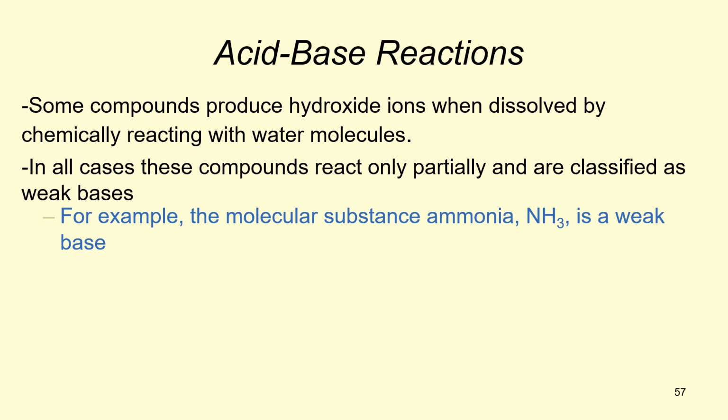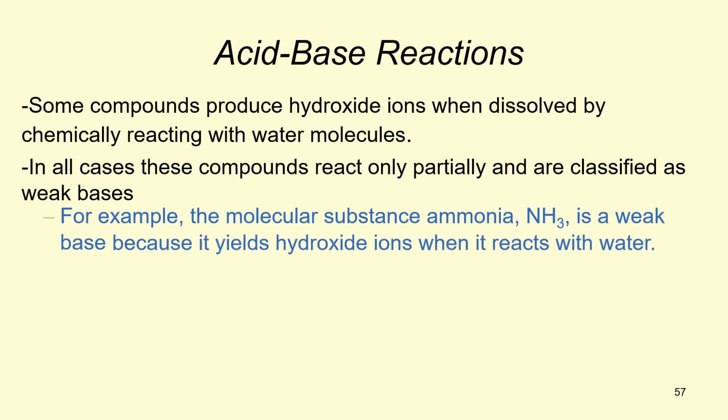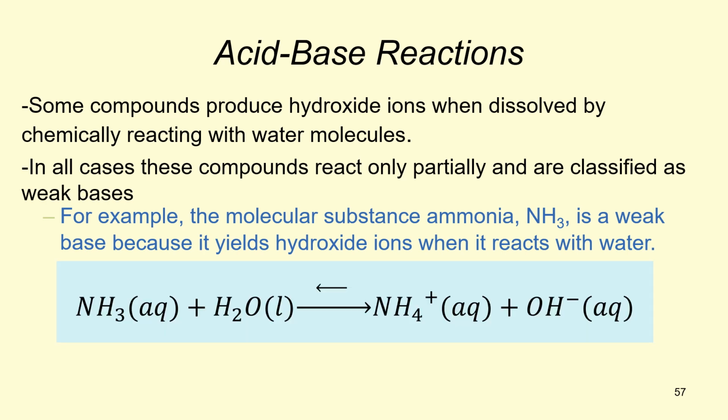So this is an example of that. Some compounds produce hydroxide ions when they dissolve by chemically reacting with water. Sometimes you look at something and you don't realize it's a base, but here's why. NH3, ammonia, is a weak base. When ammonia reacts with water, the water will give it the hydrogen ion to become NH4 plus, and then it produces OH negative. So it is a base also.